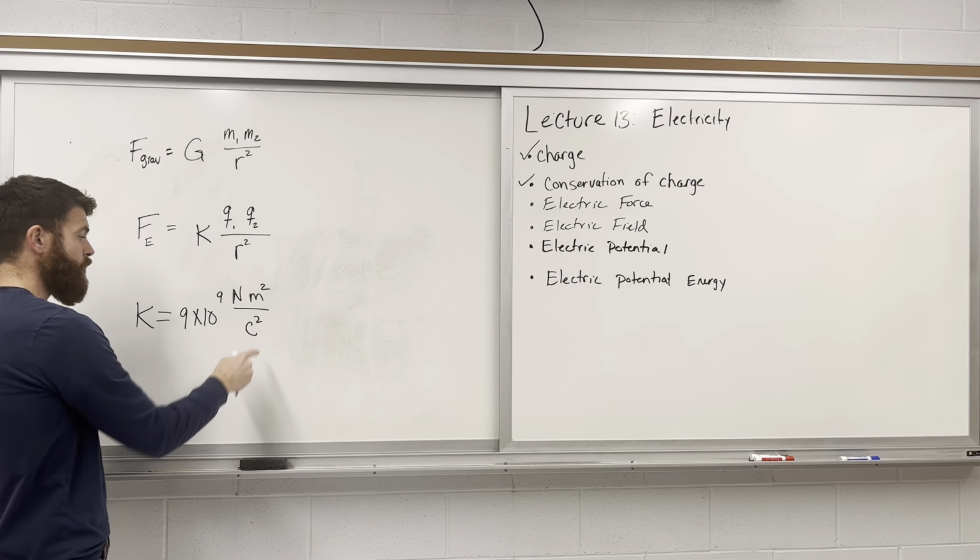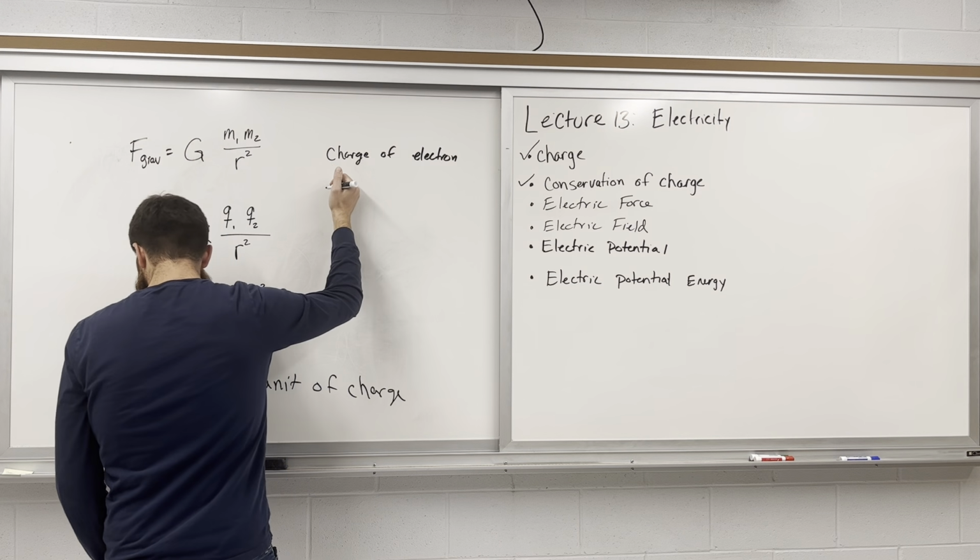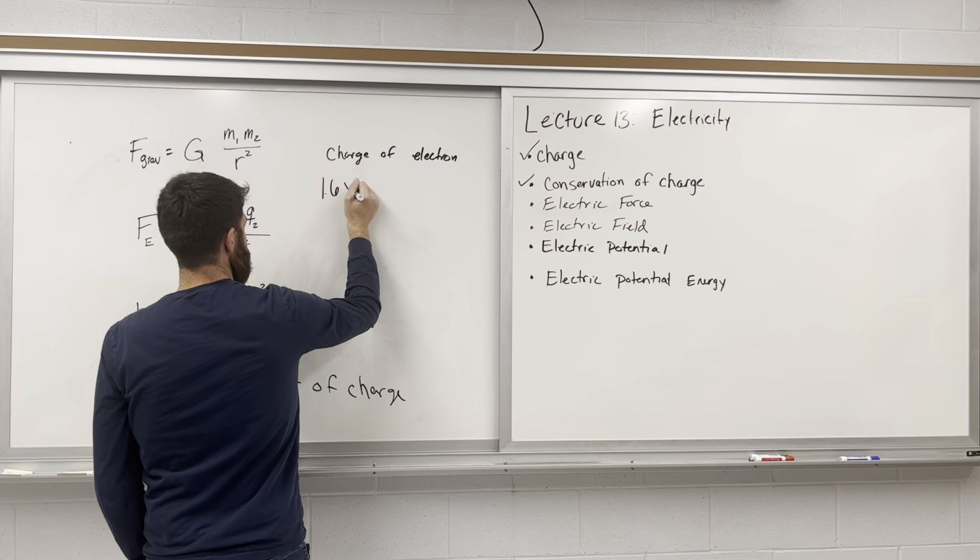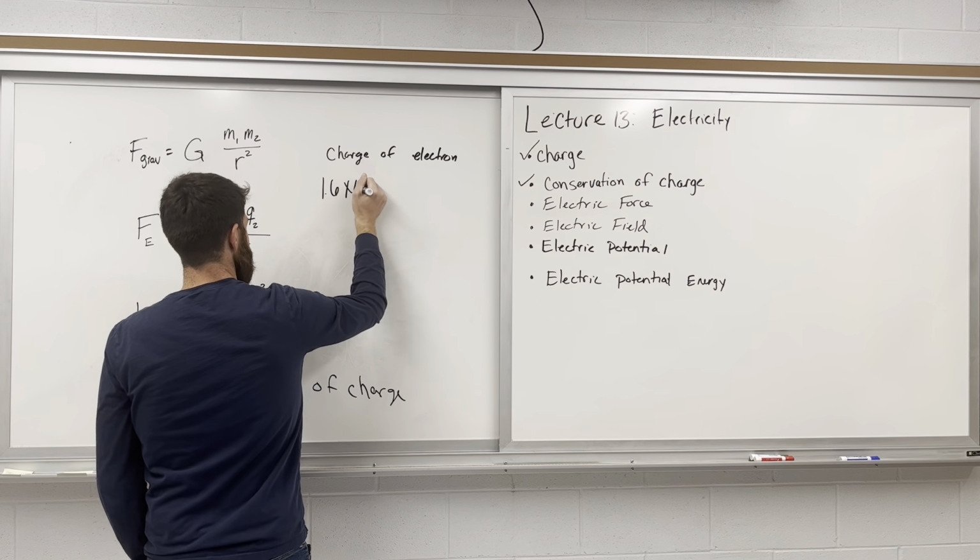And this is a unit of charge. Okay? 1 coulomb is actually a lot of charge. To give you an idea, the charge of 1 electron is 1.6 times 10 to the negative 19 coulombs.